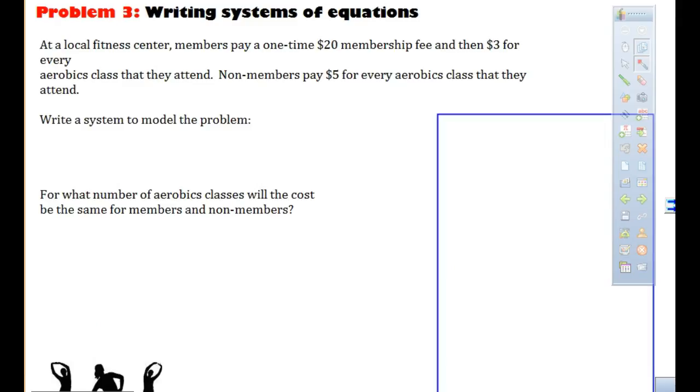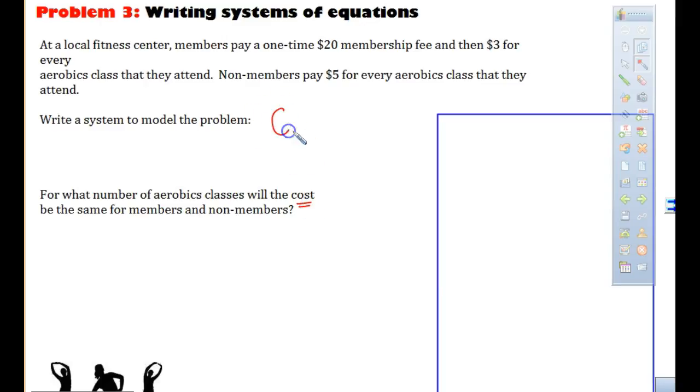A local fitness center members pay a one-time $20 membership fee and then $3 for every aerobic class they attend. Non-members pay $5 for every aerobic class they attend. We're going to write a system to model that, and the question we want to answer is for what number of aerobic classes will the cost be the same? So we're really trying to figure out their cost.